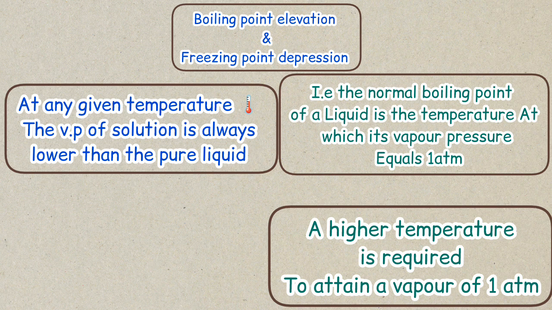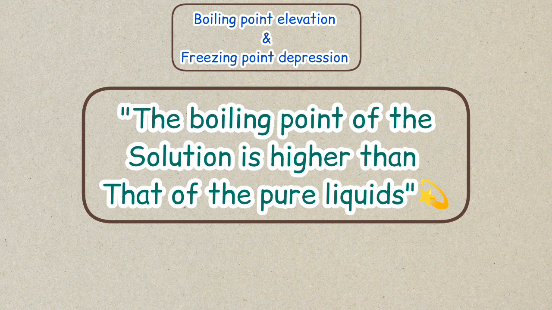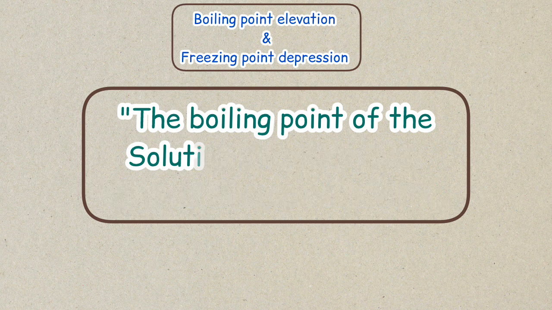That is more than the normal boiling point. So we could say that the boiling point of the solution is higher than that of the pure liquid, because it will need a higher temperature to raise it to be equivalent to 1 atmosphere for the solution.